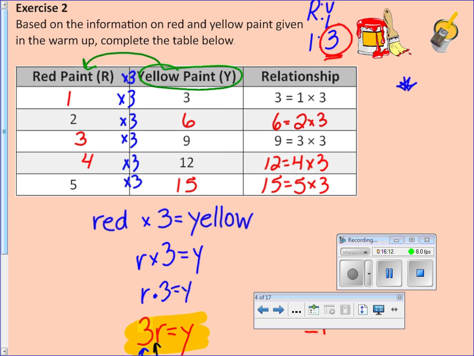Somebody's holding up their pink card. They think they have the answer. But let's see. Oh, I got two people holding up cards. First, what do I keep doing to the yellow? How do I get from 3 to 1? Everybody? Divide by 3. 6 to 2. Divide by 3. 9 to 3. Divide by 3. We're not going to write this like division.